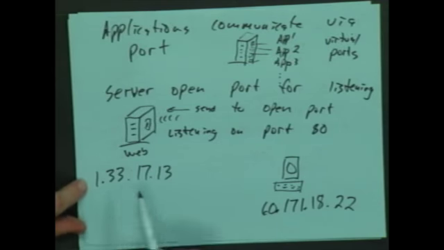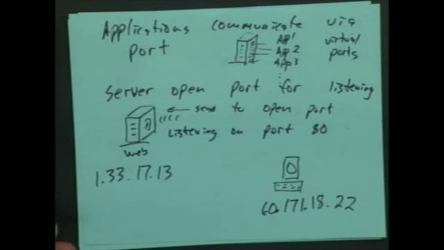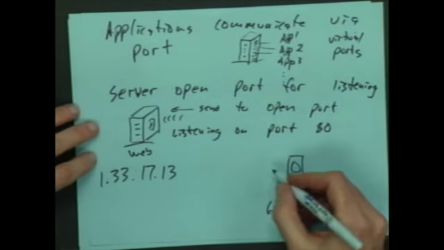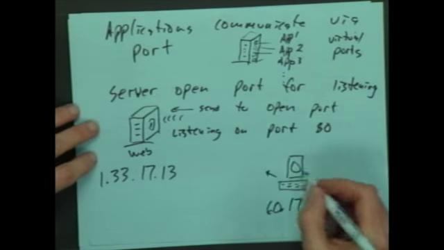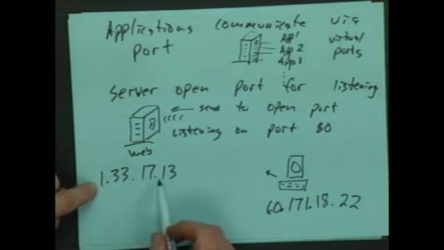So let's say this is the IP address I want to send web traffic to. We already understand I can send a packet from 60.171 and so on, to 1.33.